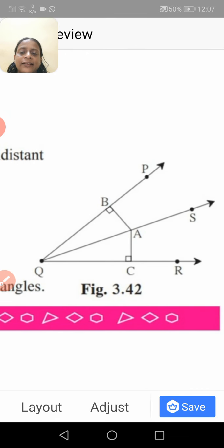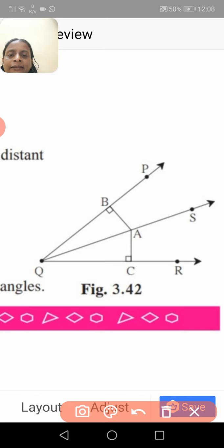Here you can see that given that QS is the angle bisector, we have to prove that AB is the same as AC. In a similar way, by proving the two triangles congruent, this triangle and this triangle, we take AB equal to AC as corresponding parts of congruent triangles.